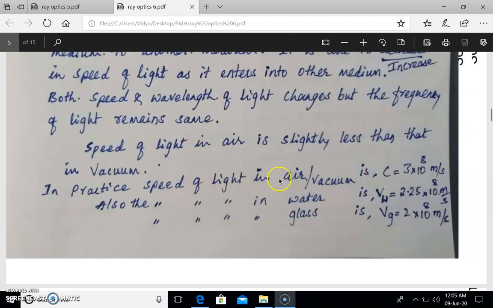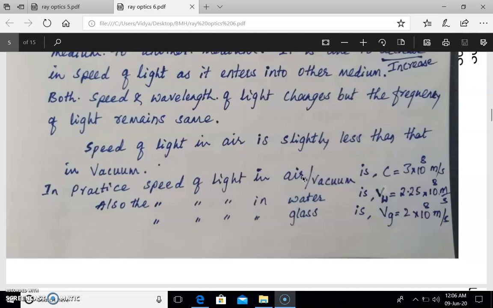In practice, speed of light in air or vacuum: actually in air the speed is a bit less as compared to the speed of light in vacuum, but for all practical purposes we take the speed of light both in air and vacuum as 3 into 10 raised to 8 meter per second.